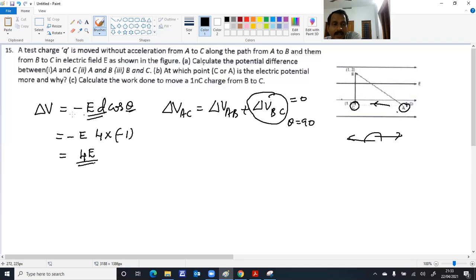So delta V AC will be the same as delta V AB.